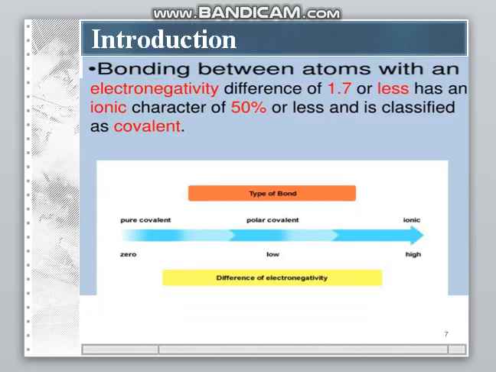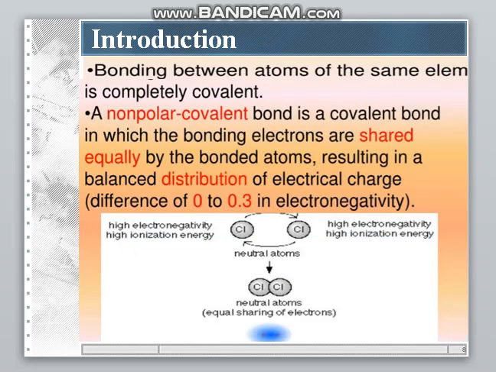Bonding between atoms with an electronegativity difference of 1.7 or less has an ionic character of 50% or less and is classified as a covalent bond. Bonding between atoms of the same element is completely covalent.